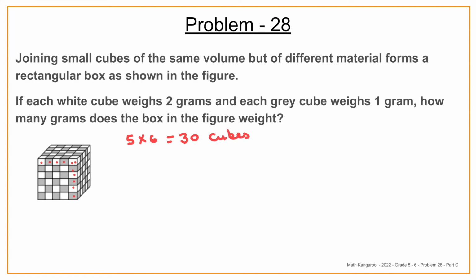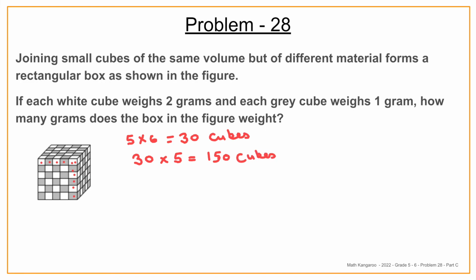Now calculate the total number of cubes. So we have how many bands? We have 5 bands. So each band contains 30 cubes. So 5 bands contain 30 multiplied by 5 gives 150 cubes.